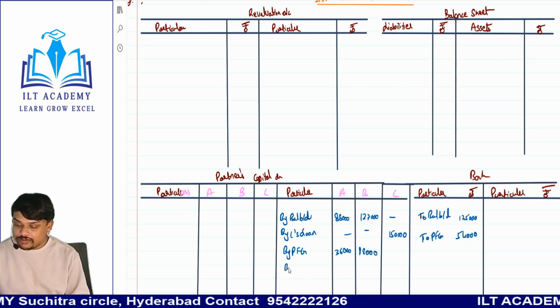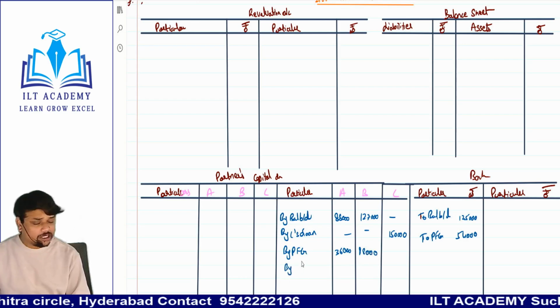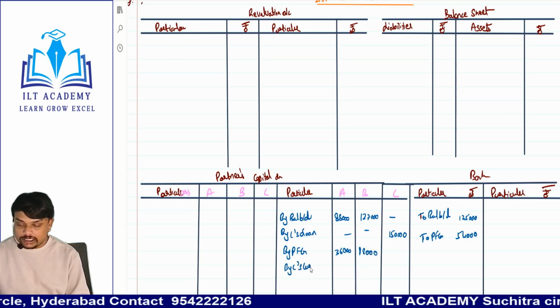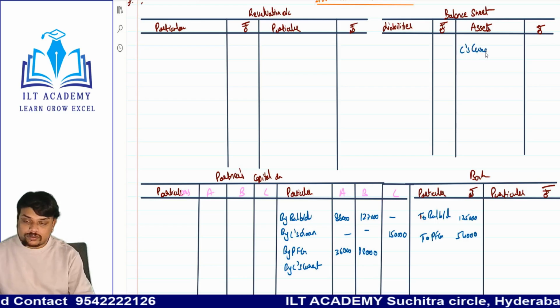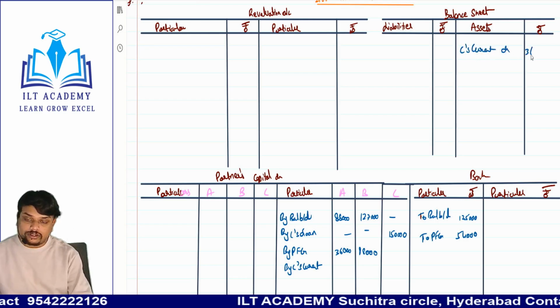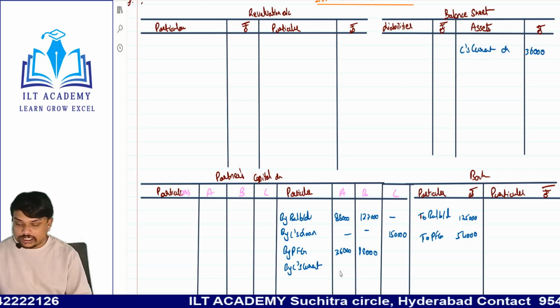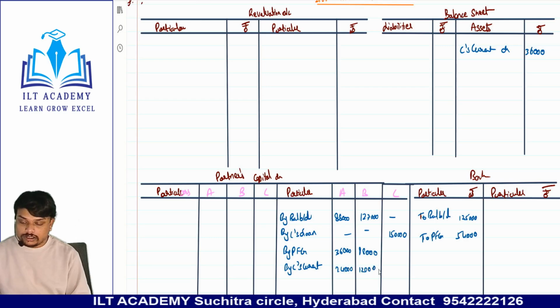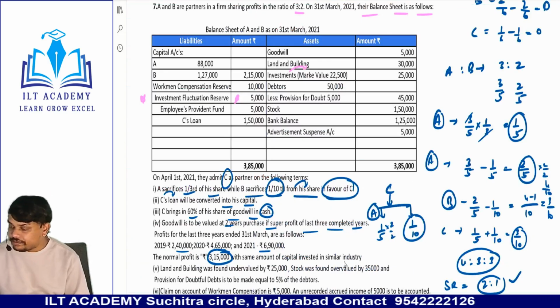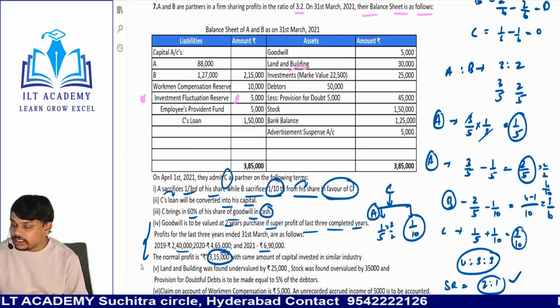And the remaining amount unable to bring, 36,000, that also we need to share. Sharing 36,000 gives 24,000 and 12,000. That's it, done. We have done this big adjustment.